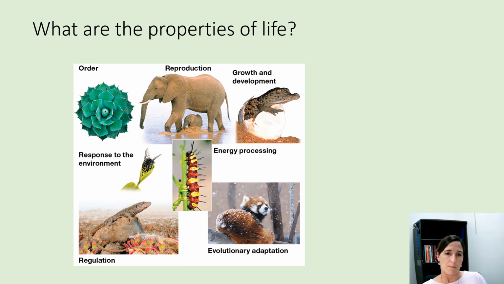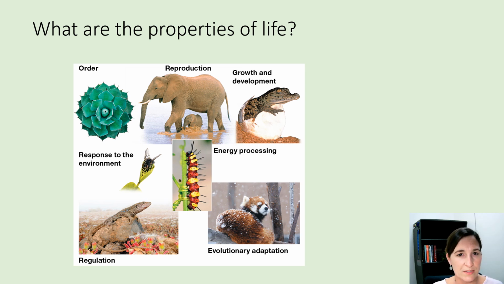Okay. Maybe you listed that we as living things have to process energy in some way, right? So look at this caterpillar, it's eating some food and then it's transforming the energy in this food to energy that it can use. Okay, so organisms transform energy.